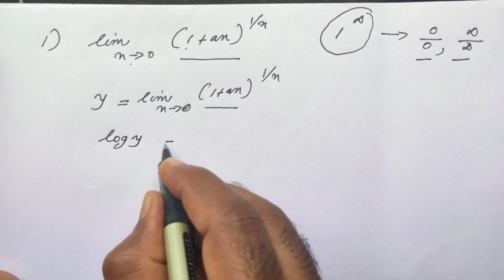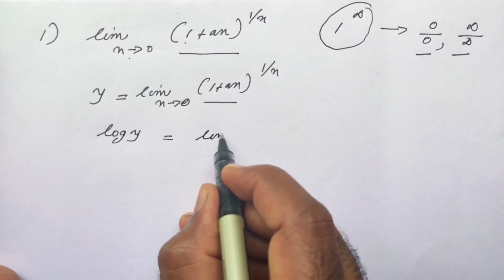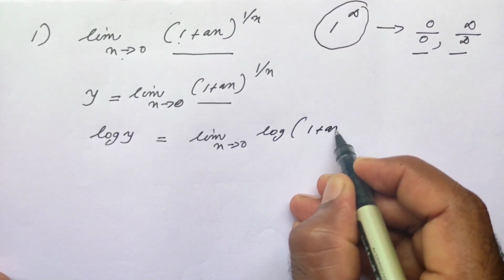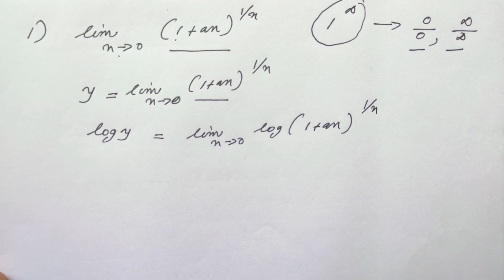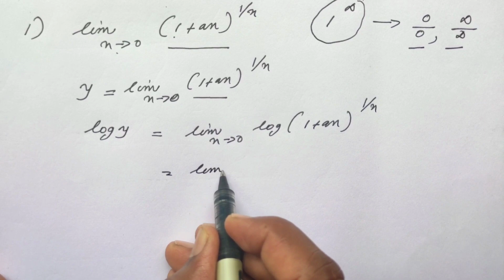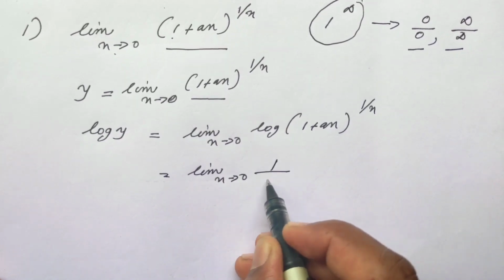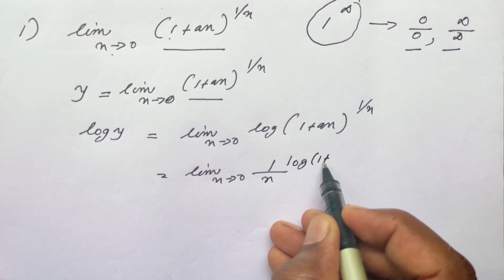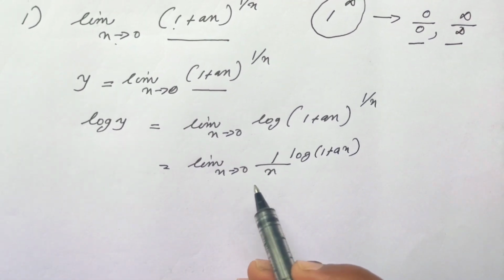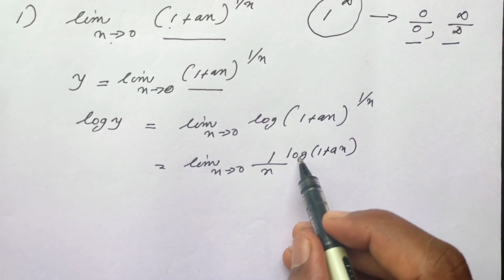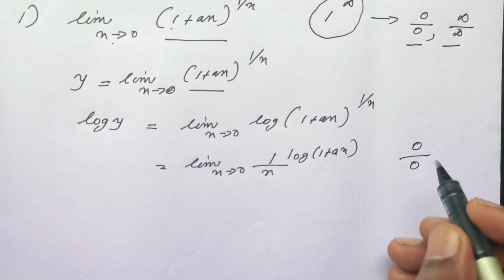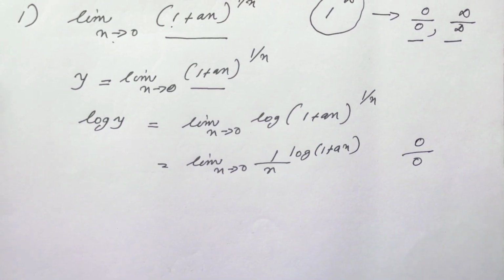That is, log y equal to limit x tends to 0, log of (1 plus ax) raised to 1 by x. And this power will come down, that is limit x tends to 0, 1 by x into log (1 plus ax). Now when we apply the limiting value x tends to 0, it will become log 1 divided by 0, that is 0 by 0 form. So we are eligible to apply L'Hospital rule here.